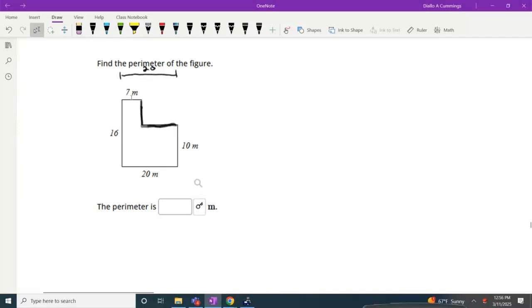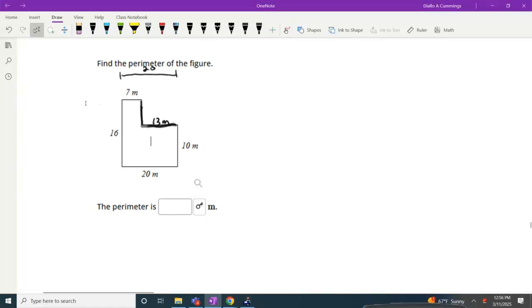So I'm going to do a little subtraction. If this is 7 meters, this has to be equal to how many meters in order to total 20 meters? Well, 7 plus 13 is 20. So if this side is 7 meters, the other horizontal side length would be 13 meters. Altogether, that gives me a total of 20 meters.